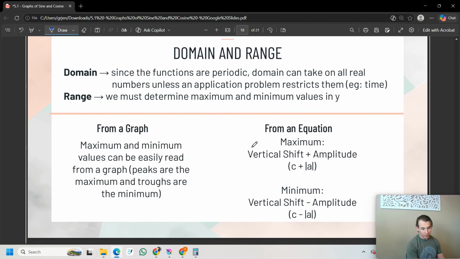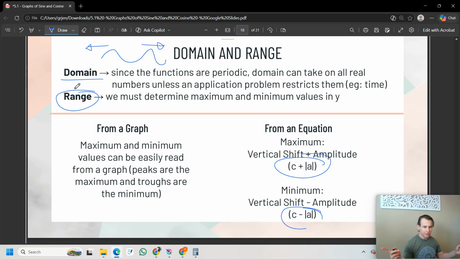So when we're thinking about domain and range, we have c plus the amplitude is our maximum, and c minus the amplitude is our minimum value. These shouldn't surprise us too much. And so this is for range. Domain, on the other hand, I can squiggle and just keep going in either direction.